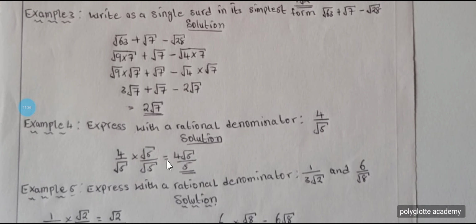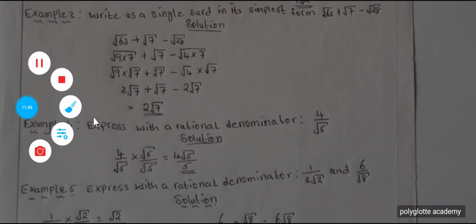We have: write as a single surd in its simplest form. Example 3: root 63 plus root 7 minus root 28. Very, very important. I will write that question back.